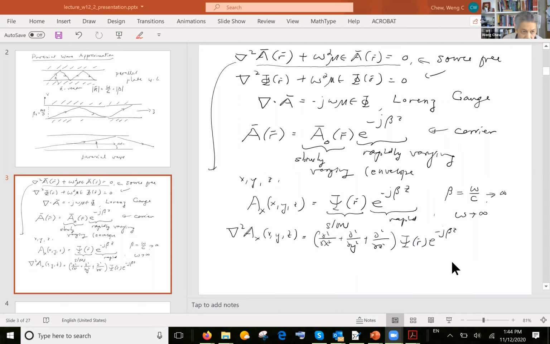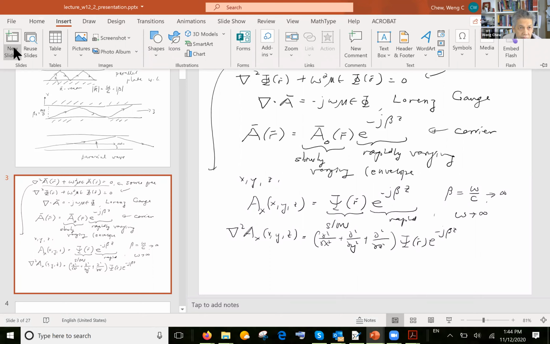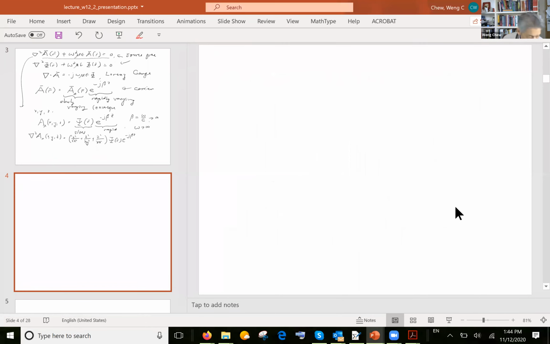Let me use a new slide to describe this. Then I will have partial squared, partial z squared of psi of r e to the minus j beta z.